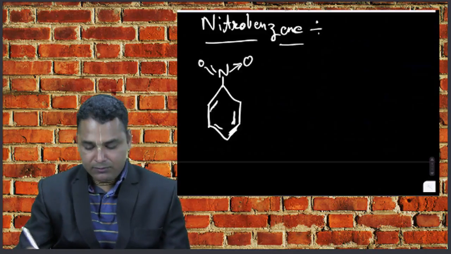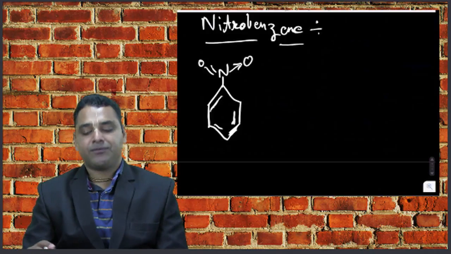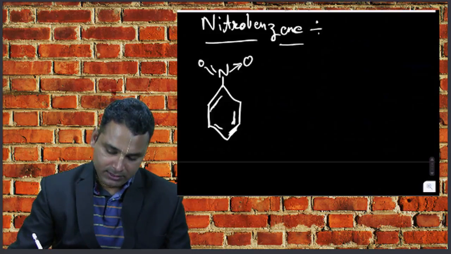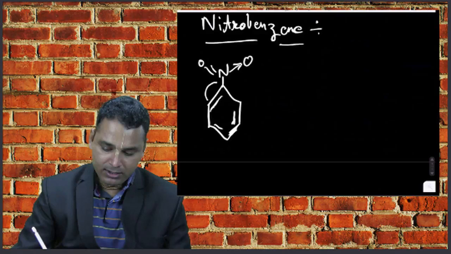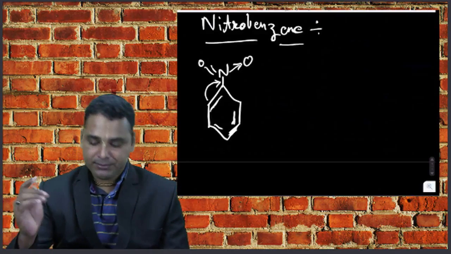From this double bond, the electrons start shifting towards the substituent group or the atom. So this double bond attacks this single bond, the shifting of electrons from the double bond towards the single bond.